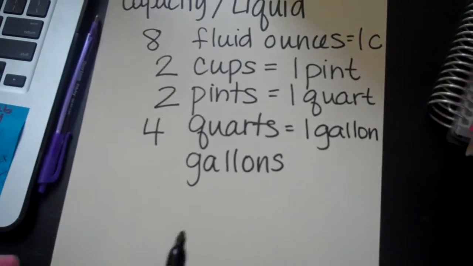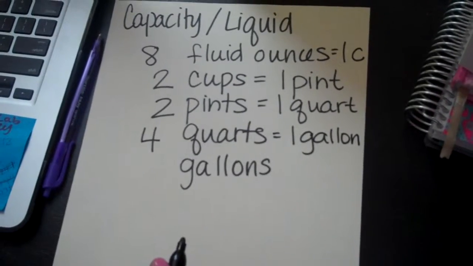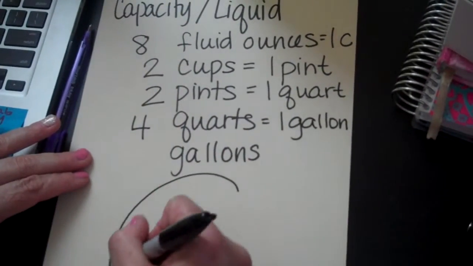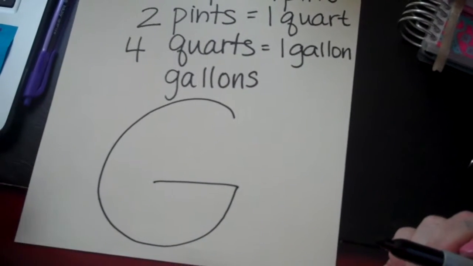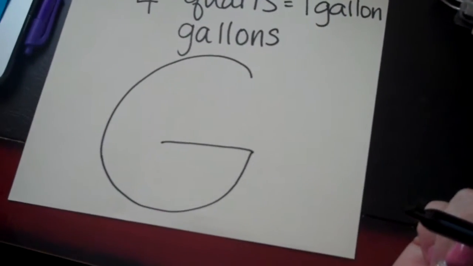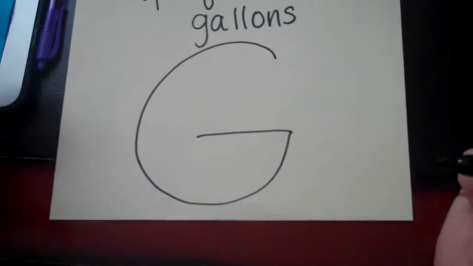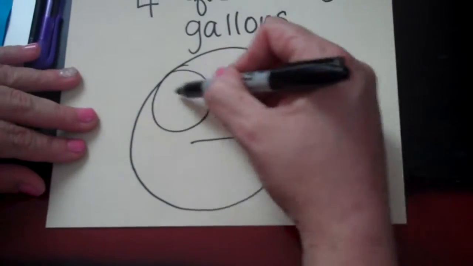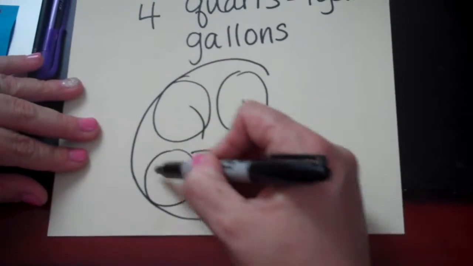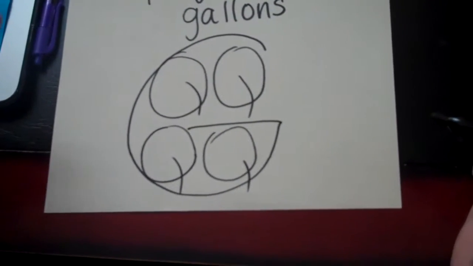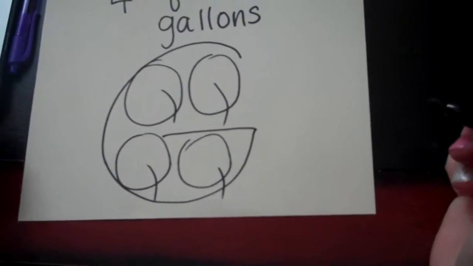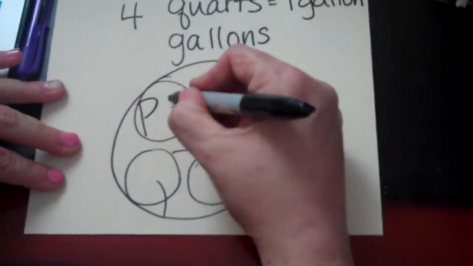So another way, this is the Snyder cheesy way, I call it the big G. My G represents gallon. This is just a good picture so that you can remember these exact units of measure. There are 4 quarts. Notice I'm drawing 4 Q's for quarts. 4 quarts inside the G for the gallon. Inside each quart there are 2 pints.